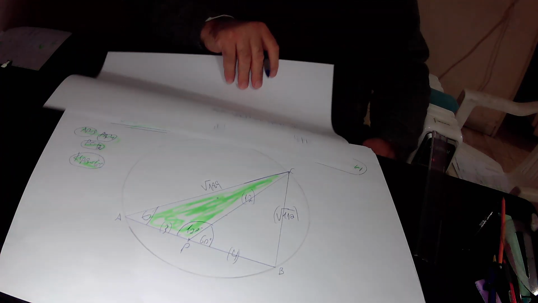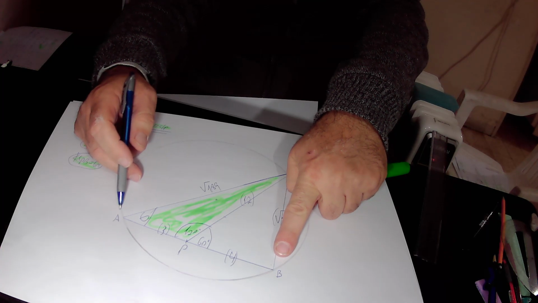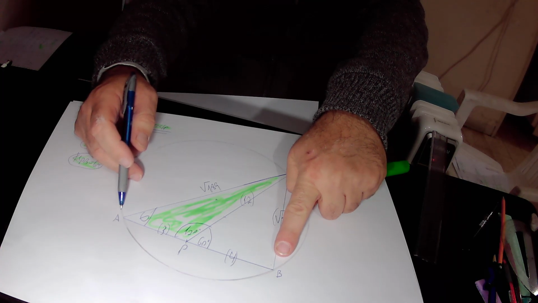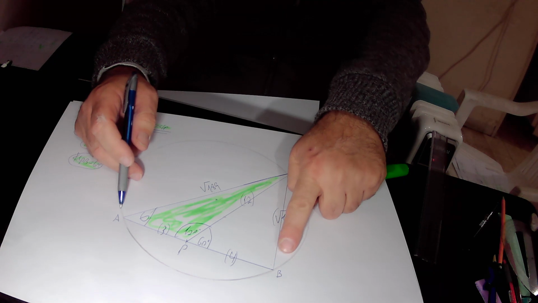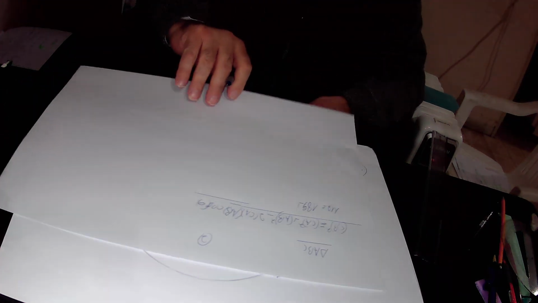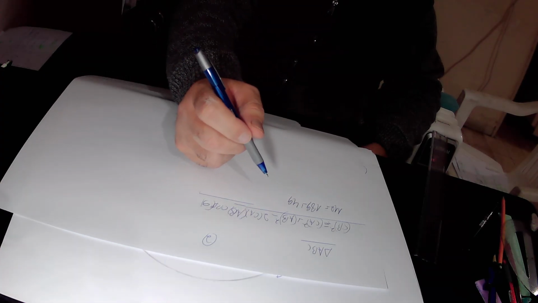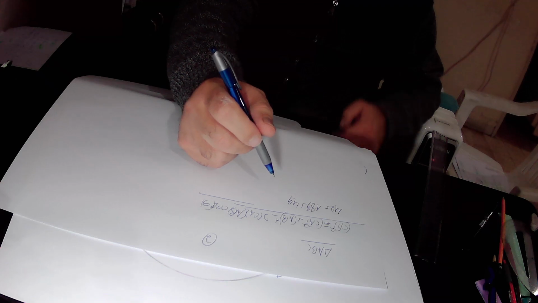Plus AB squared. AB is 3 plus 4, that is 7. So AB is 7, therefore AB squared is 7 squared, that is 49. Minus 2 times CA times AB times cosine alpha.